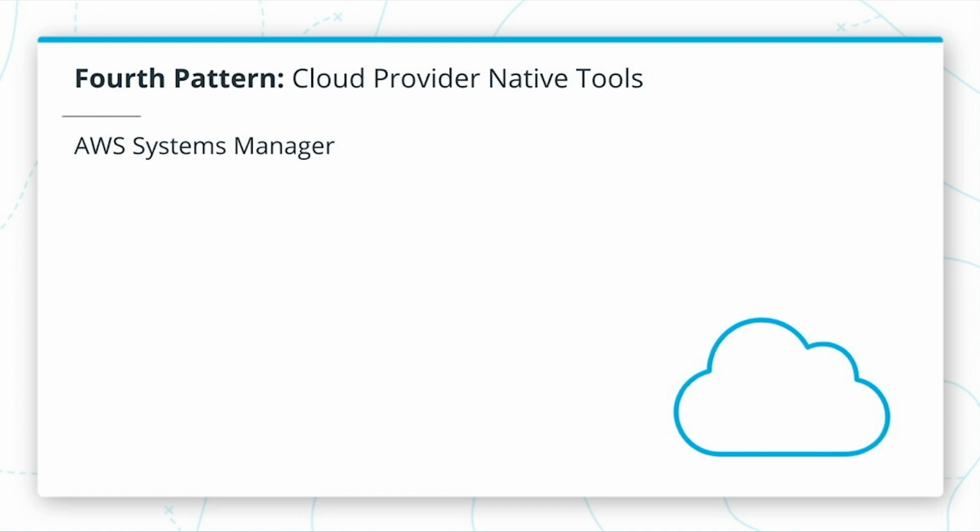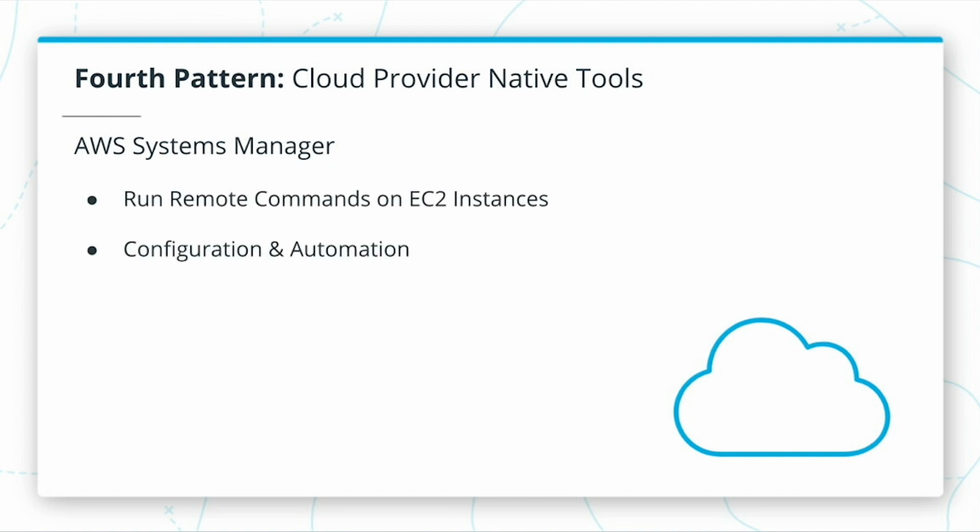A fourth method for gaining access to servers is to use the cloud provider's native tools. AWS provides the Systems Manager service, which enables users to manage EC2 instances at the operating system level. Systems Manager provides the ability to run remote commands, perform configuration automation, do system patching, and gain deeper visibility into system configuration.